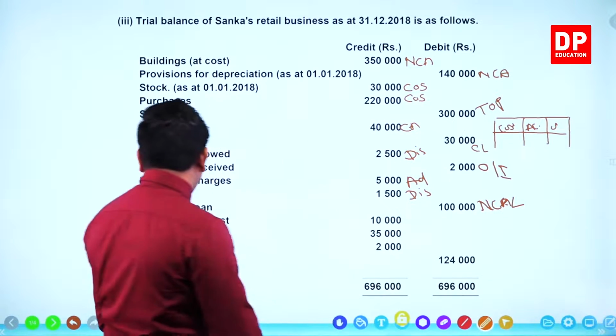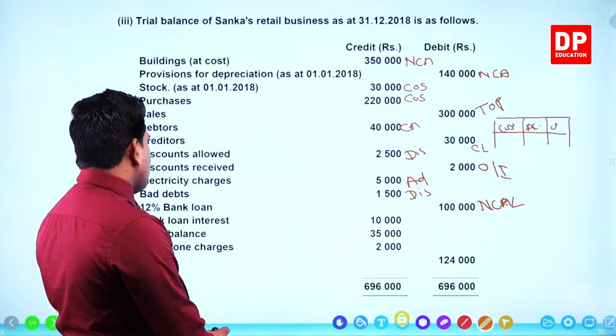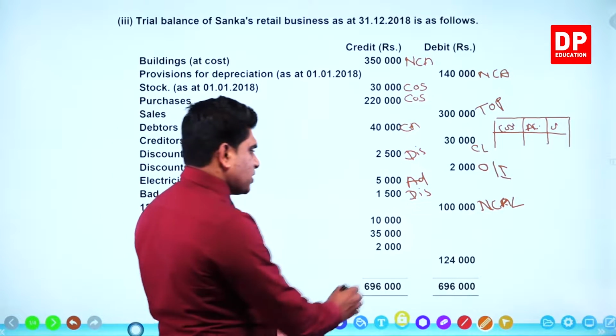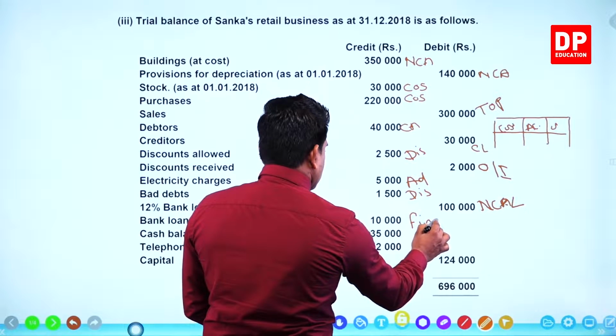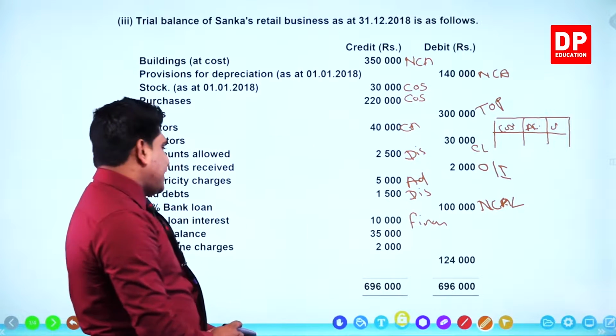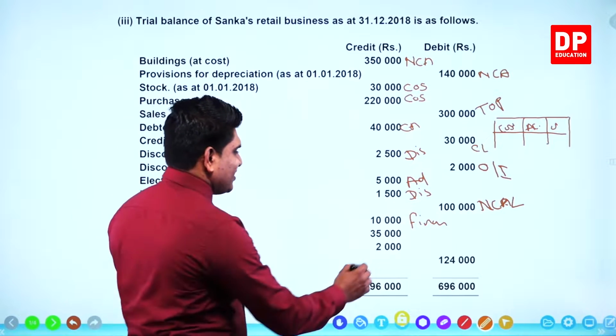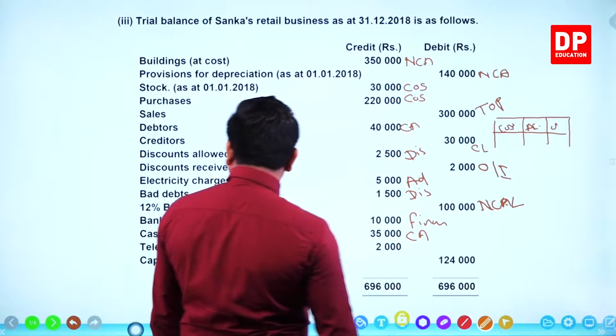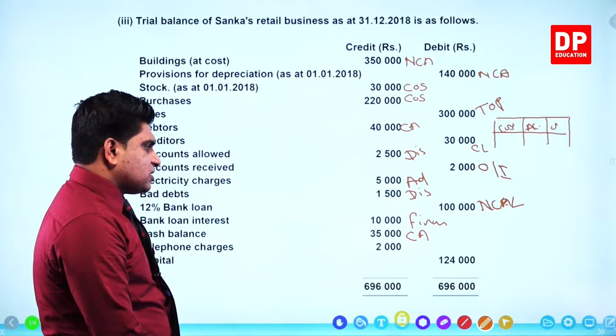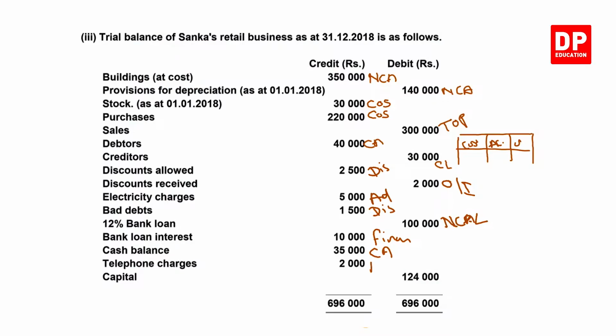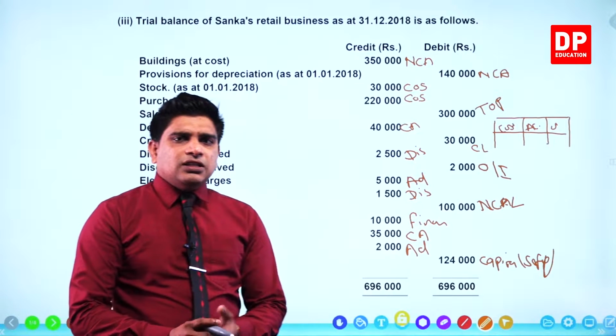Then bank loan interest, financial expense. Then cash balance, available money, current assets. Then telephone charges, administration. Capital is capital, it goes to the statement of financial position. That is the way. Then this is a trial balance.